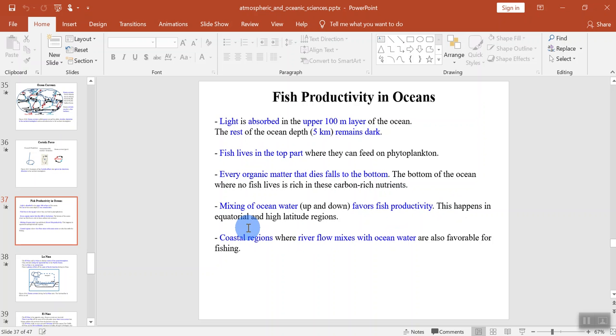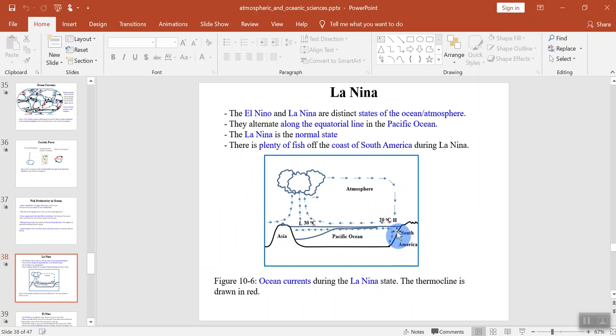This happens in equatorial and high latitude regions. So coastal regions where rivers flow also mix the ocean surface. There's a lot of fish. All right. So let's look at La Nina, which is a normal state. El Nino and La Nina are opposite states of ocean-atmosphere interaction. They alternate along the equatorial line in the Pacific Ocean.